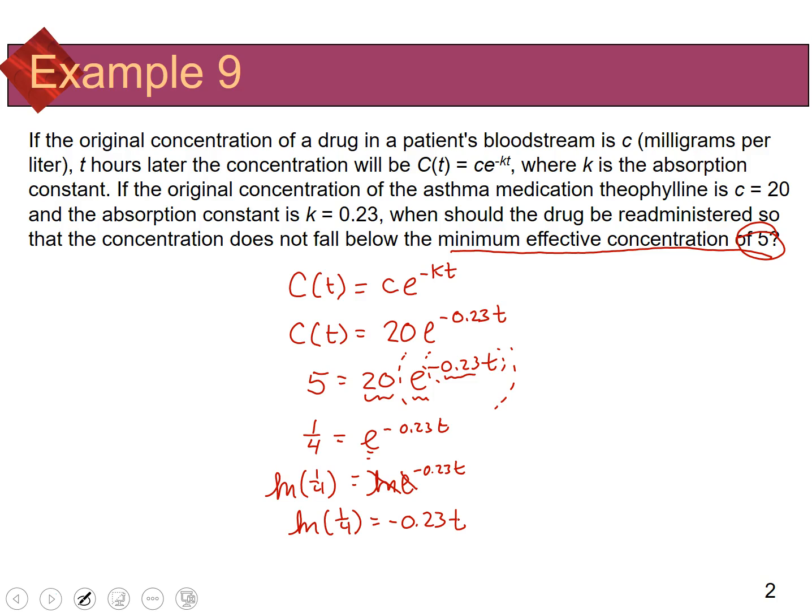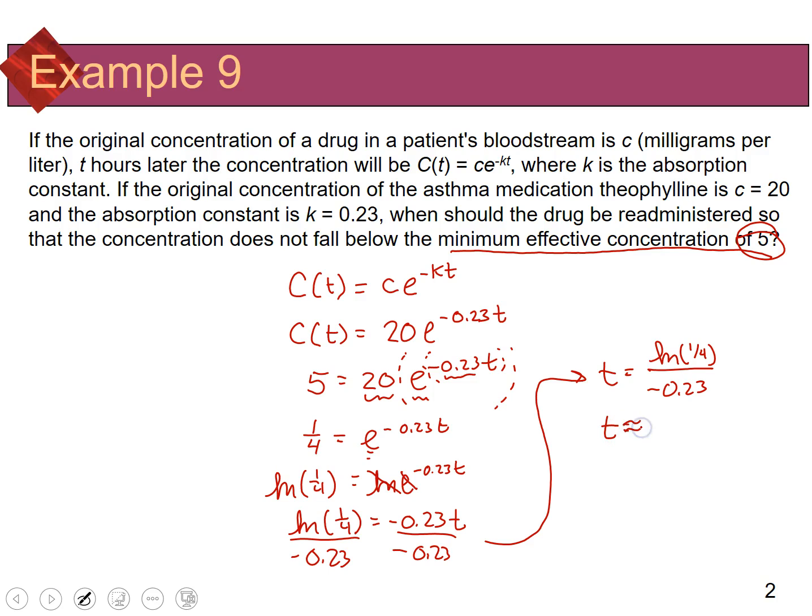The only thing that's happening to it now is a multiplication by negative 0.23, so I'm going to divide both sides by that negative 0.23. So t is going to be the natural log of 1/4 over negative 0.23. And when I use that on my calculator and carry through the calculation, I get about 6.03 hours.